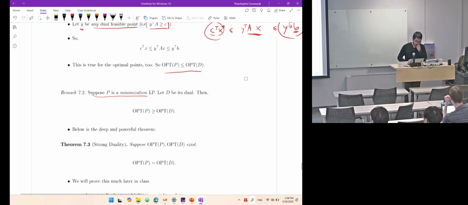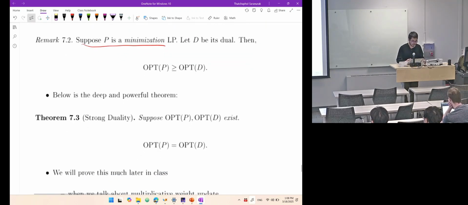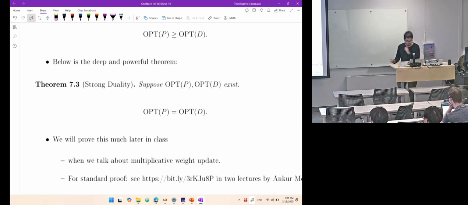Okay. But now it's the deep and powerful theorem, which says that when they are not unbounded, when the optimal point exists on both of them, then the optimal value on both primal and dual are the same.